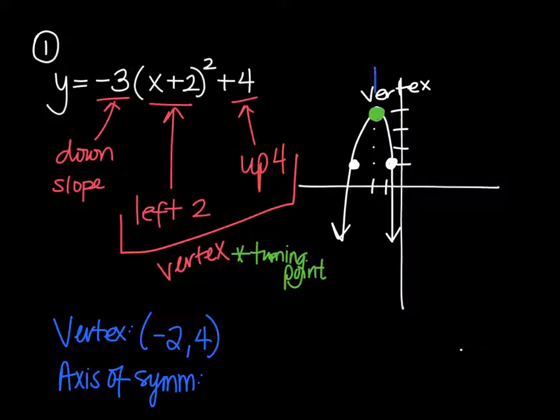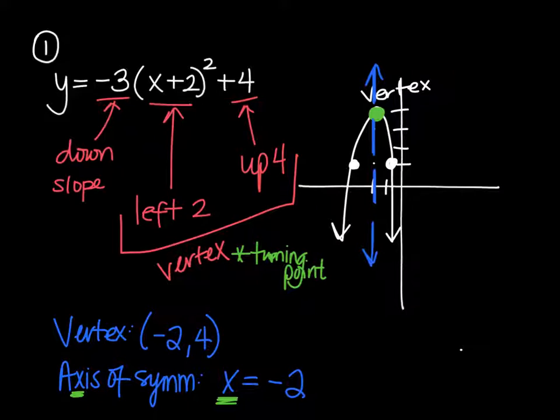And so if I draw that line, I've got this line that runs down the middle. It's cutting through the x-axis. So my axis of symmetry is x equals, and if you pay attention to where it's cutting, negative 2. You can also get that. Notice that that comes from the vertex. So the x part of the vertex gives us the axis of symmetry. I'm saying it that way to help make you think axis is x, okay?